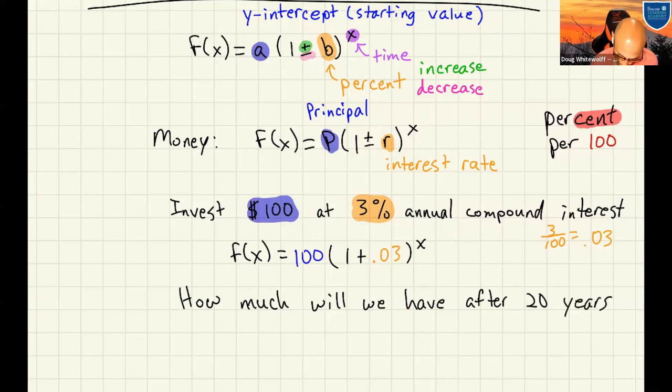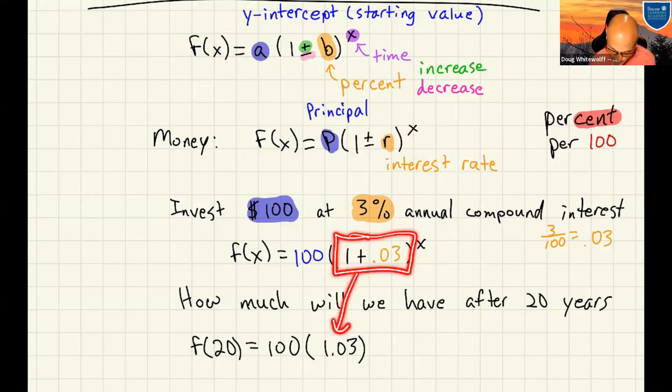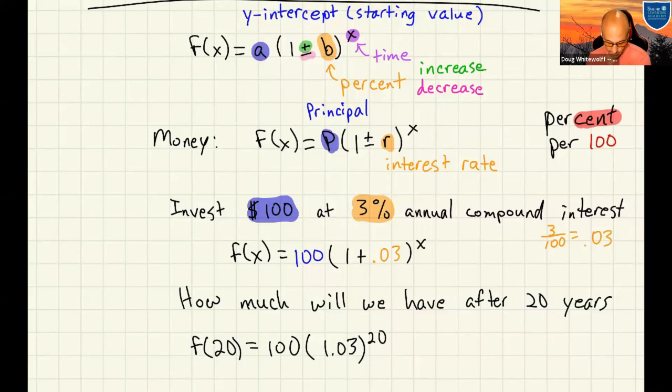Well, that'll be f of 20, which is equal to 100 times 1.03. Because they're in parentheses, I can combine them together. And then it's easier to see, oh, I've got an increasing exponential function where my exponent now is 20. And I can't do that offhand. I need a calculator in order to do that.